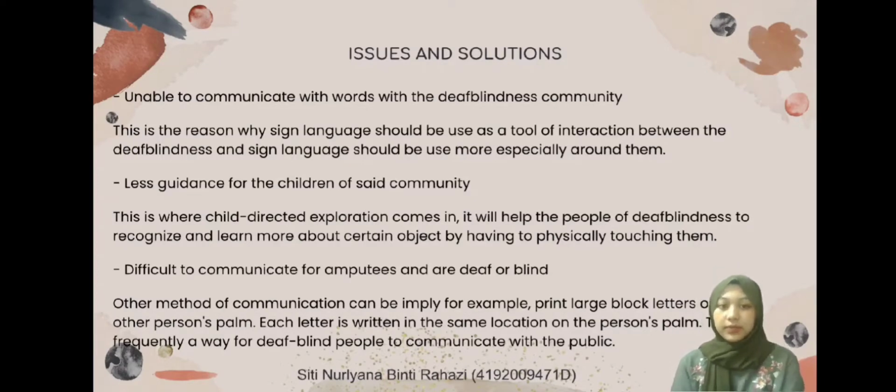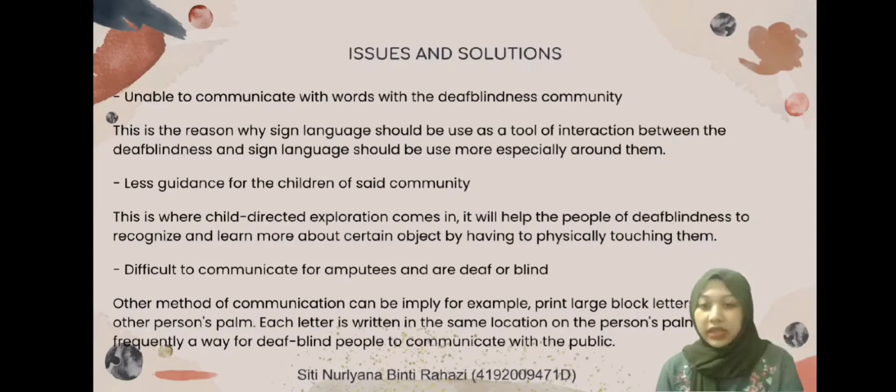The last issue is that it is difficult to communicate, especially with amputees who are both deaf and blind. Since they are amputees, they don't have the ability to use sign language.